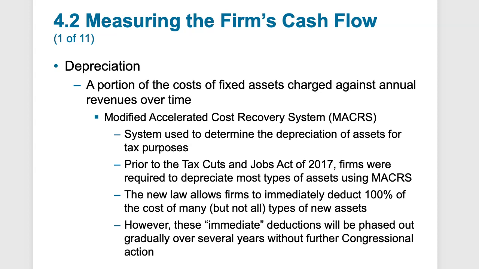It's not a cash outflow. We're allowed to reduce our income by the amount of depreciation for that asset that year, but it's considered a non-cash charge. So no one writes a check for depreciation expense.